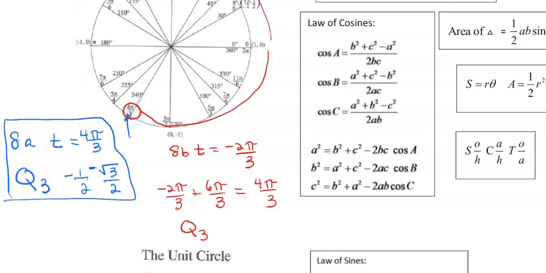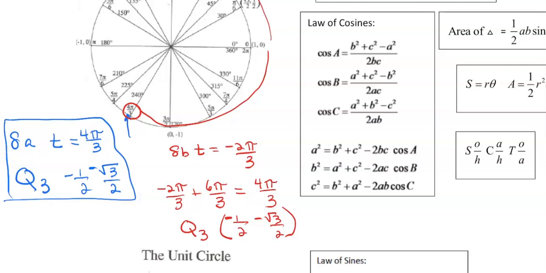In quadrant 3, everything's negative. So the coordinate pair, looking up and modeling with pi over 3 in the first quadrant, that's your reference number, is going to be negative 1/2 and negative root 3 over 2. So actually, 8A and 8B have the same answer for different reasoning.